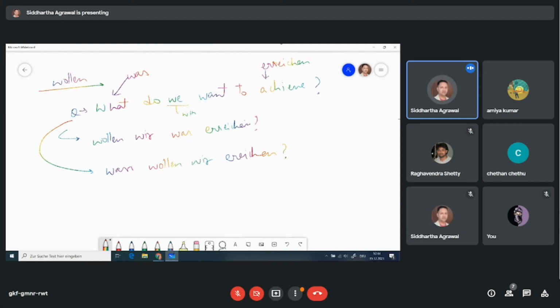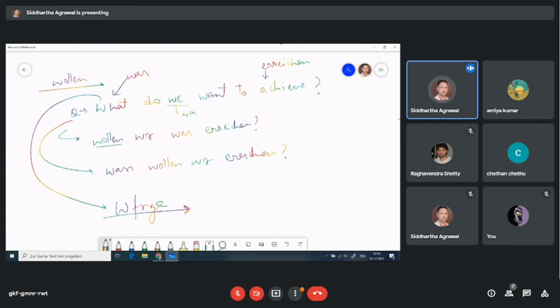Now, as I earlier mentioned, when we are doing a question, then the modal verb normally comes at the first position, as you rightly said, wollen wir. But maybe it could be one rule that when we are using a W-Frage, then the W-word comes first, even if you are using a modal verb.